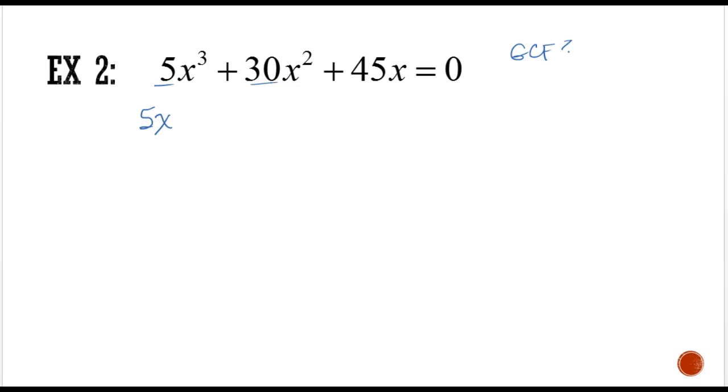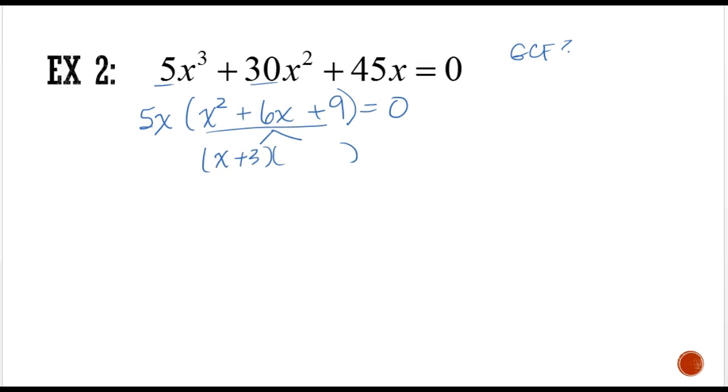When I take a 5 and an x out, what I'm left with is x squared plus 6x plus 9 equals 0. Now I can work on this inner part and factor this. I have x plus 3, x plus 3, and then bring that 5x down equal to 0.